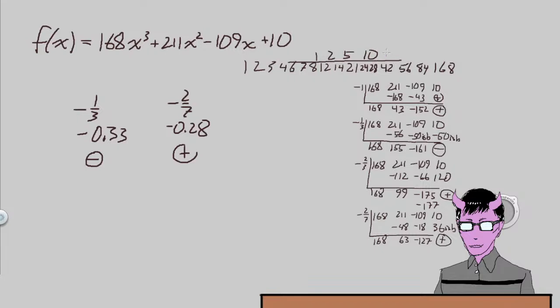Let's try the 10's, right? Ten over 42. It can't be 10/42, can it? 10/42. No. My skills are rapidly deteriorating. 10 over 21.